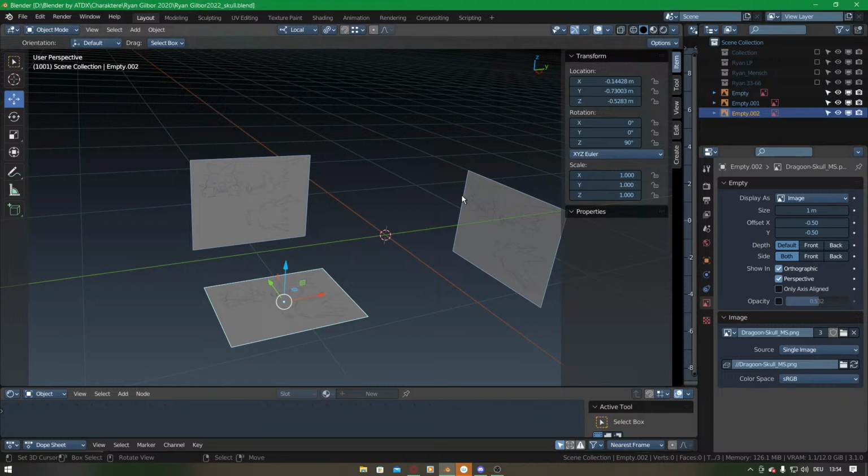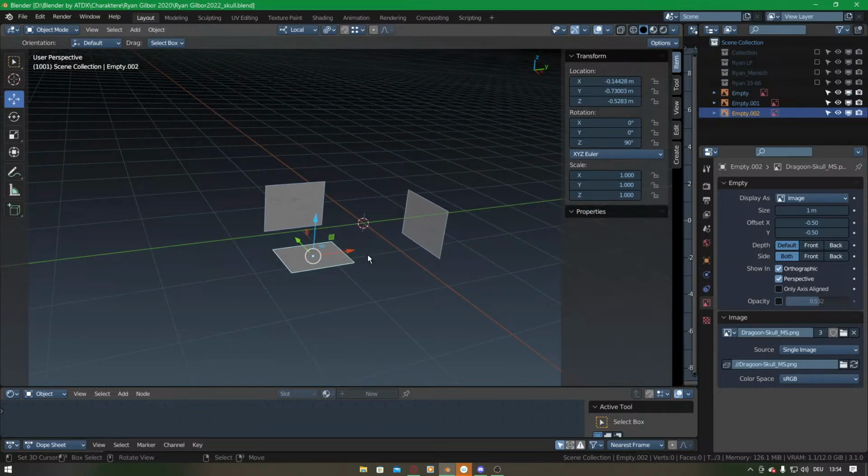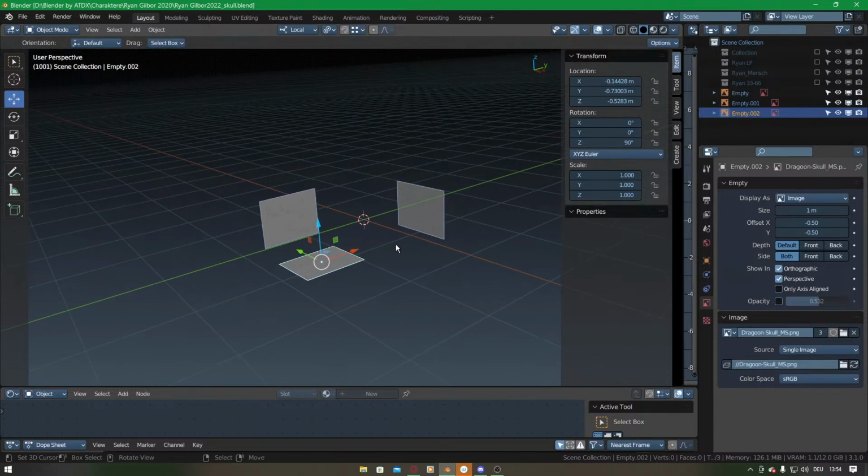So, everyone that has watched my pregnant Dragoon transformation on YouTube and actually watched until the end has seen a 3D version of Ryan, which is from this Blender file here.